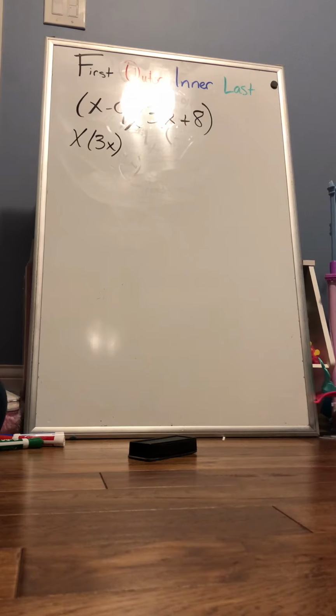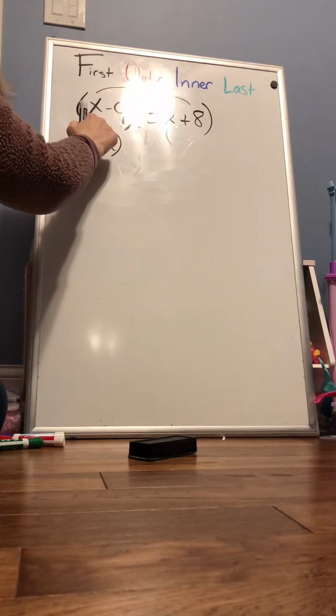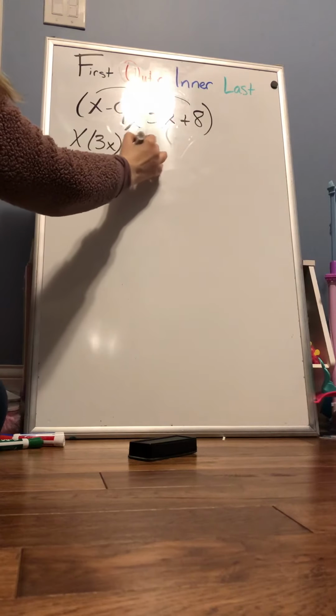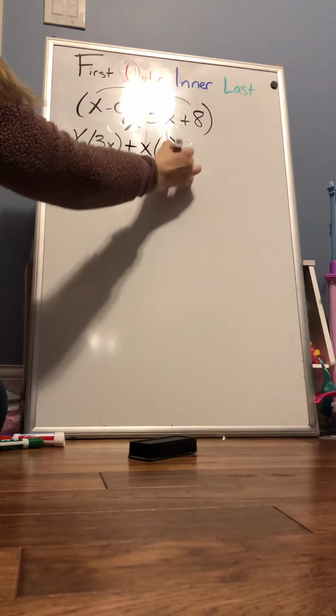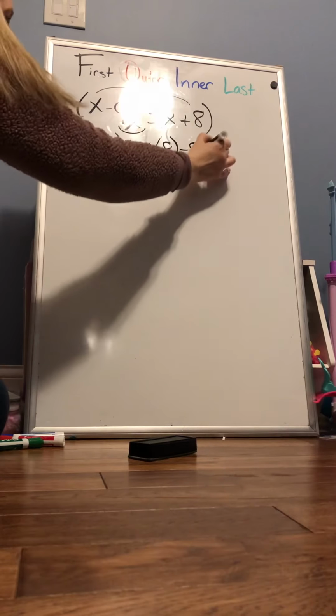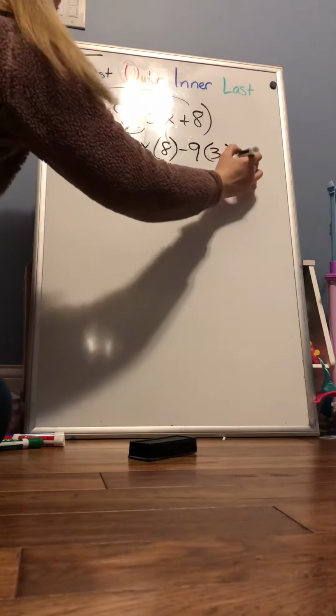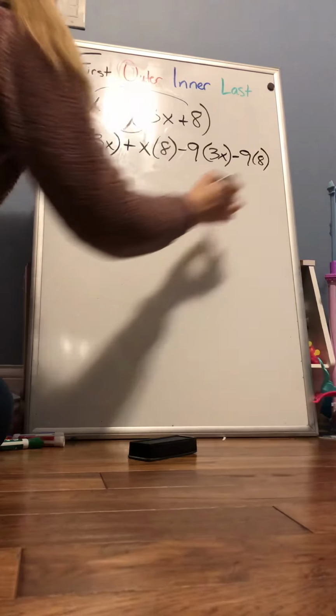Really show all your work. Write it out, and when you do this, you should be saying first, outer. My outer terms are the x and the positive 8. That's a positive x times a positive 8. My inner terms would be a negative 9 times positive 3x. And my last is the negative 9 times 8.